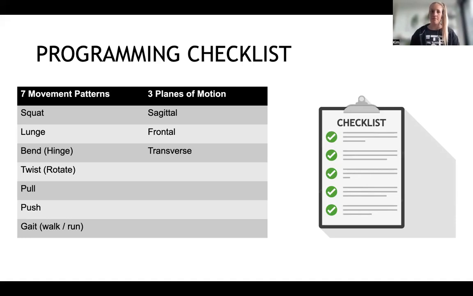We can definitely do it by changing our plane. So let's say a side lunge would be more challenging than a sagittal lunge, just in my opinion, or we could make it into a curtsy lunge. So that's going to be a progression in itself. Adding rotation is another way that you can progress movements as well. These things are particularly important if you work in a setting where you have limited weight choices, because there's only so many weights, let's say you can go up to a 25 kilo functional bag.